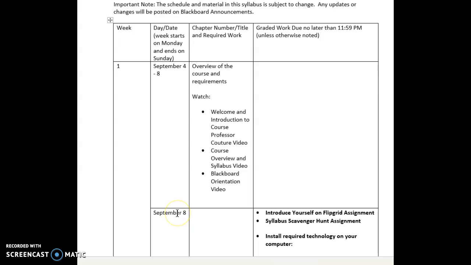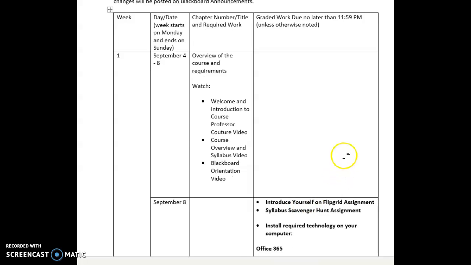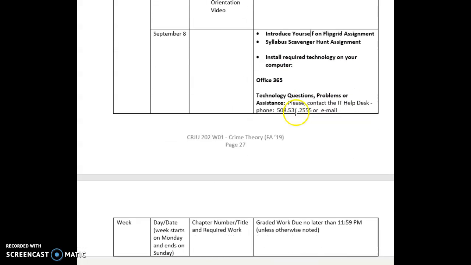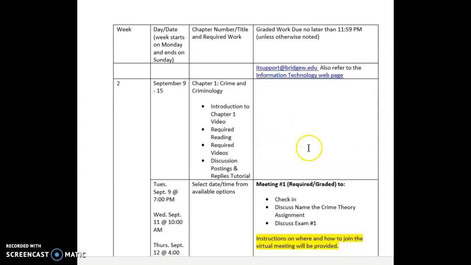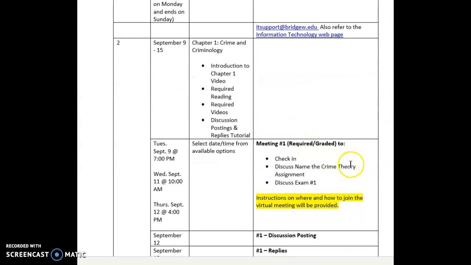So your first assignments are due Sunday, September 8th by 11:59 p.m. And everything that's there is listed. Your next assignment is to meet with me, and I will be giving you instructions. You have 3 options for that first meeting. You don't need to sign up.